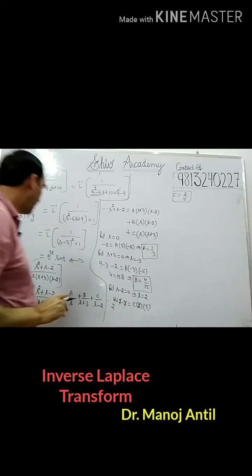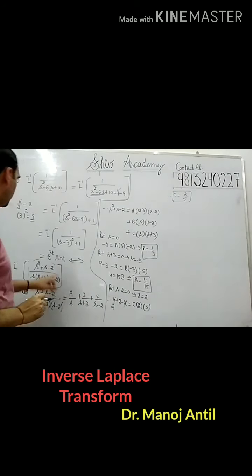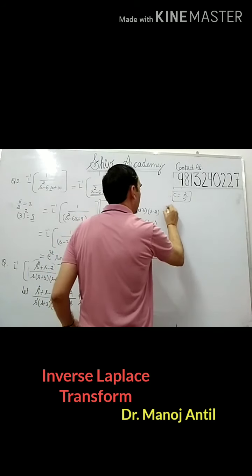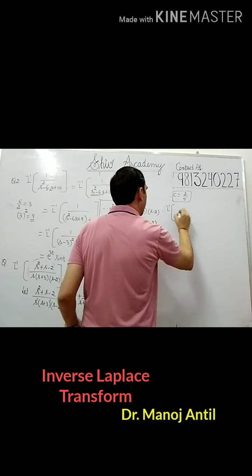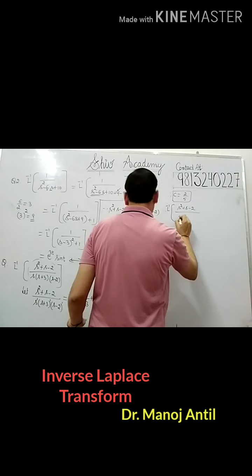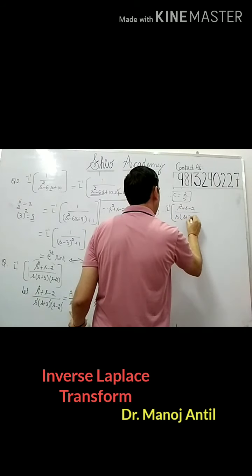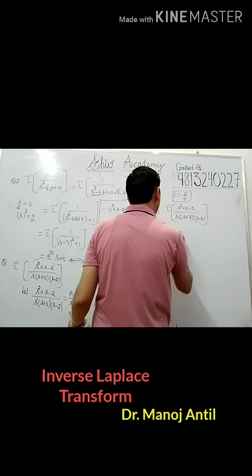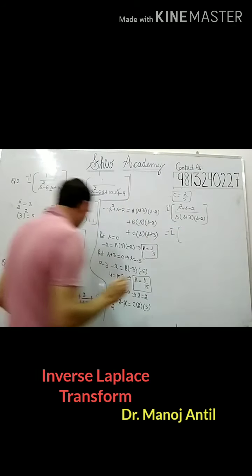So we put here a, b and c. So the value of this expression is this. Therefore, L inverse of the given expression, that is s square plus s minus 2 upon s into (s plus 3) into (s minus 2), is equal to L inverse of these terms.